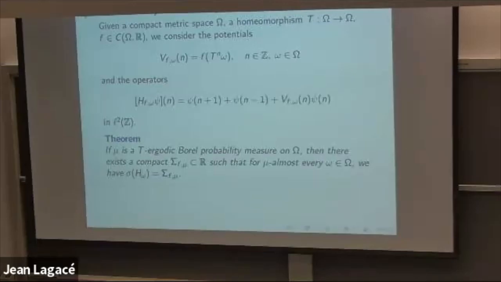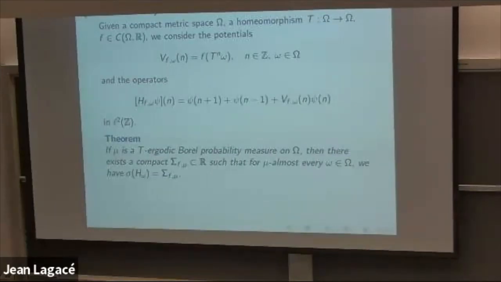The first one is, if you have this discrete time dynamical system, omega comma T, you can ask whether you can find some ergodic probability measure. I won't define that here, working on the assumption that Jake defined that. If you choose an ergodic probability measure, then the spectrum will be almost surely independent of omega.